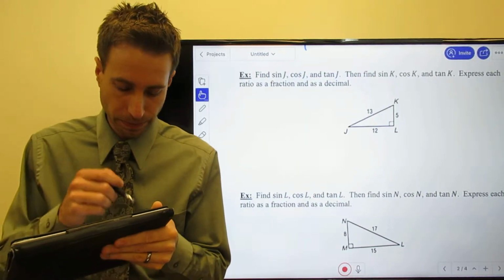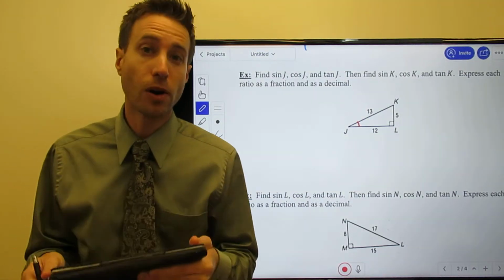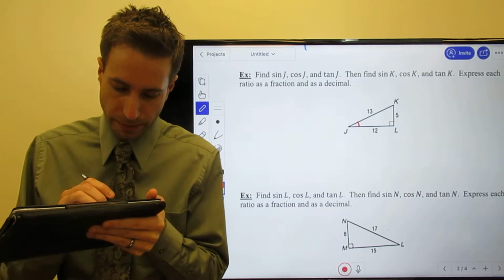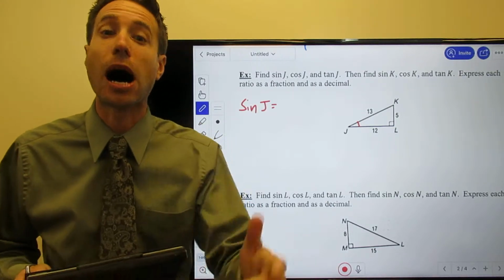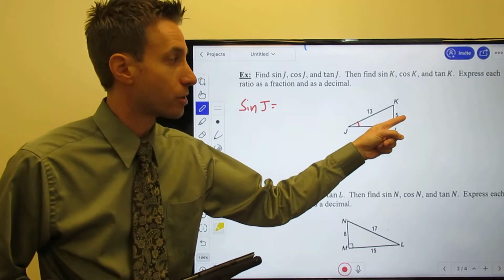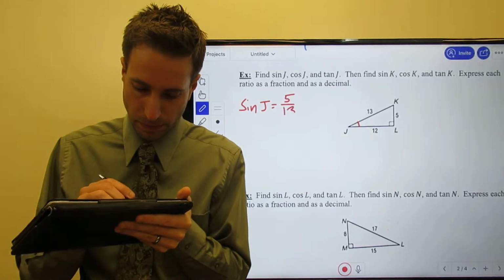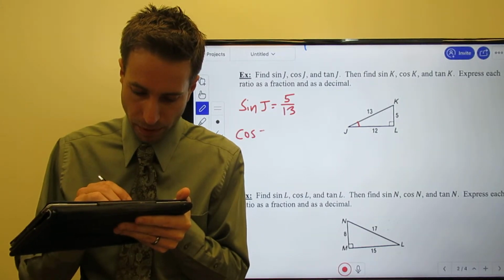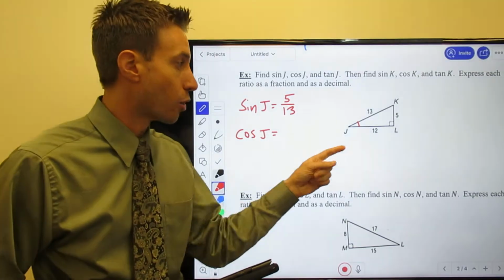Here we go. J first. Here's J. All right, here we go. Let's do sine. Sine of J, well, again, sine is opposite over hypotenuse. If this is J, opposite, hypotenuse is the longest side, so 5 over 13. Cosine of J, well, cosine is adjacent over hypotenuse.